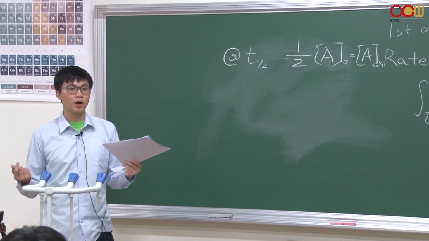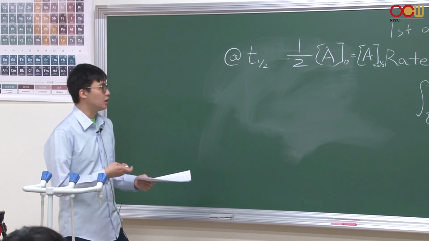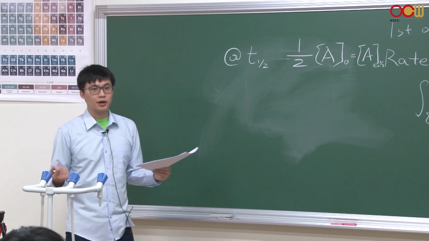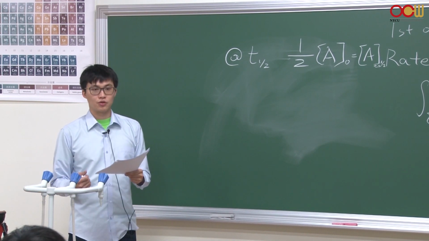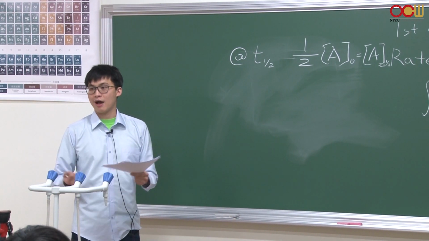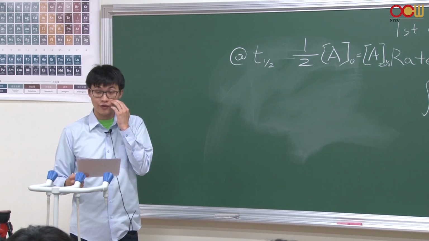And this is for someone whose math is not very good. So by looking at the kinetic plot, okay, you can figure out how much reagent do you have left after three half-lives, 4 half-lives. So it's a very simple way to figure it out.